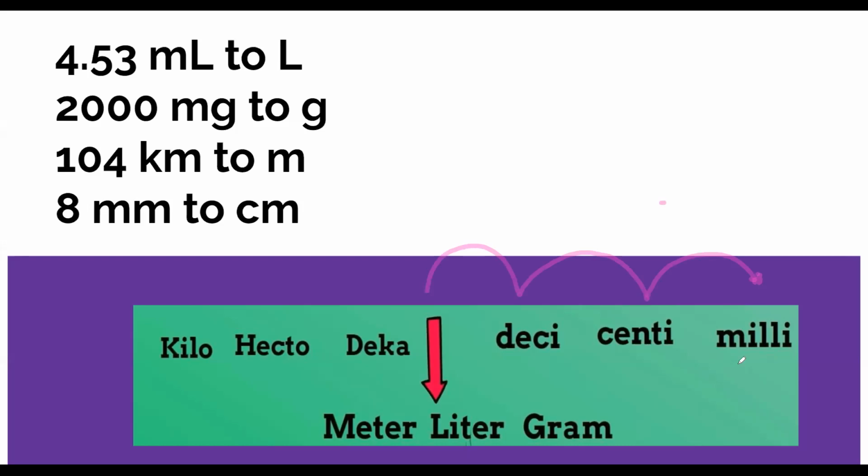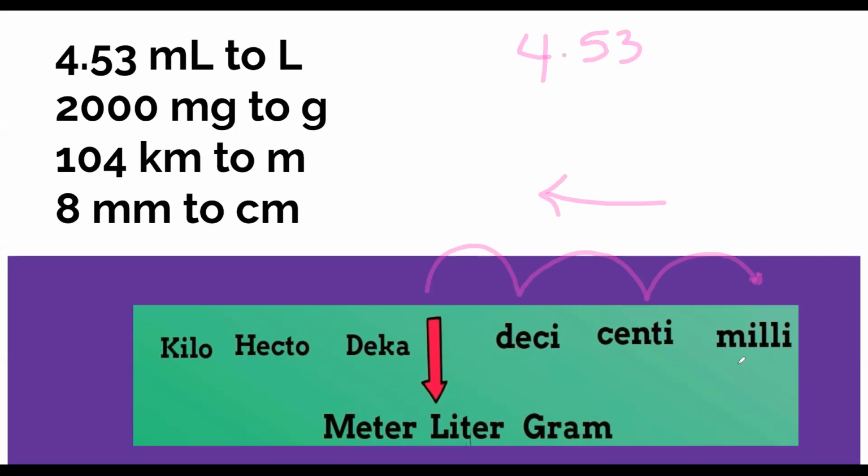If I'm moving 3 spaces to the left along what your notes are calling the King Henry slider, but if you're moving along the metric system and doing it this way, and I've moved 3 spaces there, I'm going to move my decimal 3 spaces. So I have 4.53.